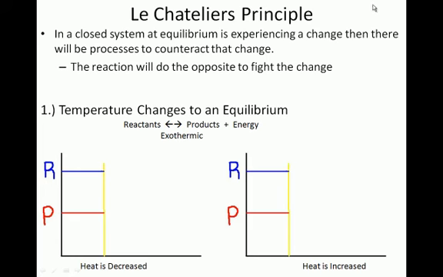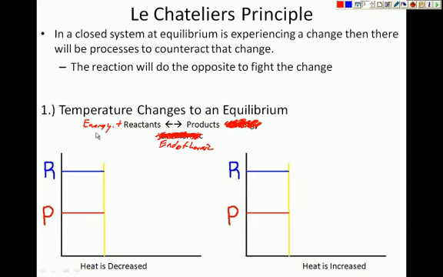Now, if you had something that was a little bit different, instead of an exothermic reaction, we had an endothermic reaction. And so instead of energy being on this side, we have energy on this side.